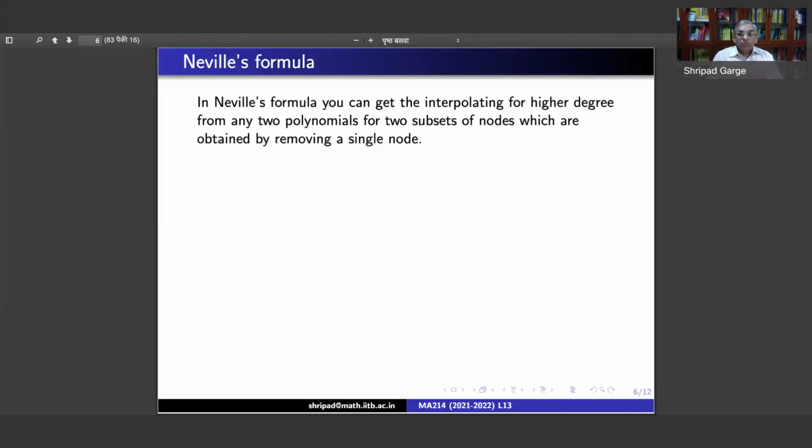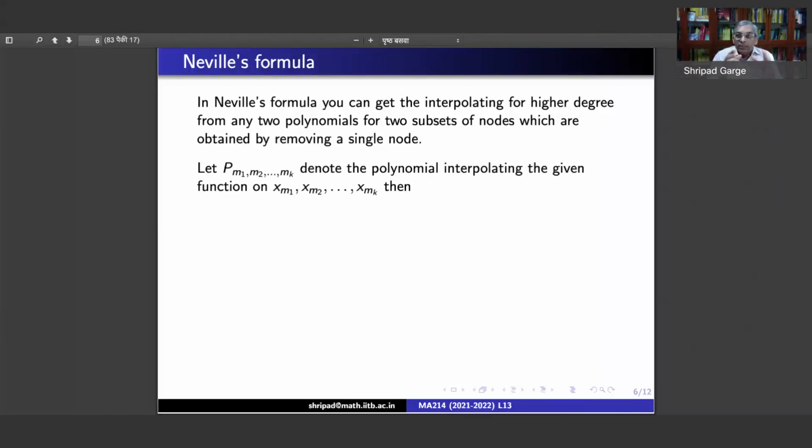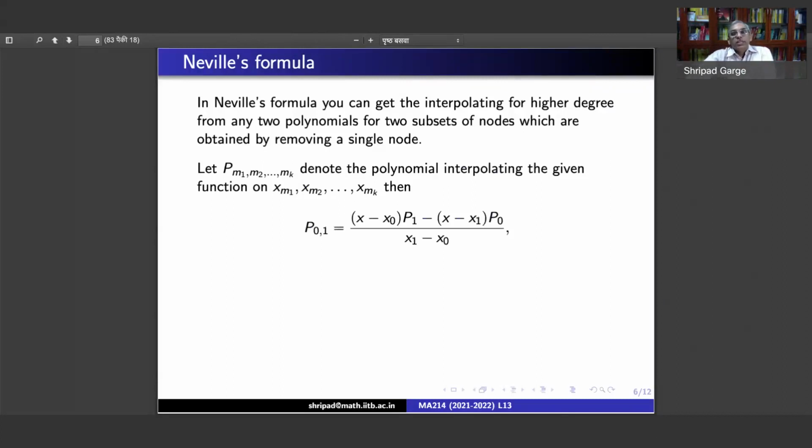So to make it more precise, suppose you have capital P, m1, m2, mk. And what does this mean? This means that you have written your nodes x0, x1, x2 up to xn. Choose xm1, xm2, xmk. Choose these k nodes from them. Then using this notation, we can write down p01.